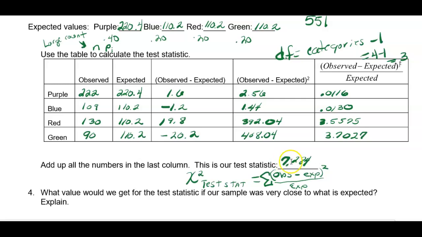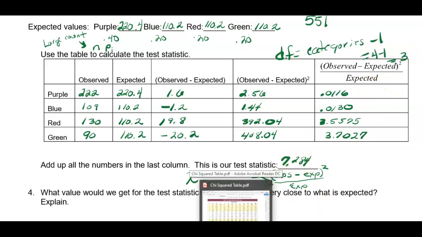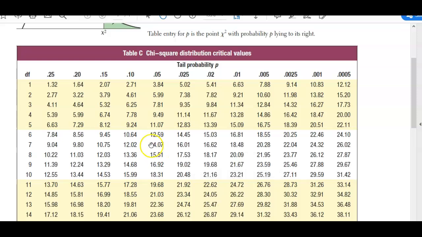So our test stat is 7.284, and degrees of freedom are 3. Let's go back to the table, and we're going to go to degrees of freedom of 3, and we're looking for a value close to 7.28. I apologize, 7.28. If you look at this, it's right here.